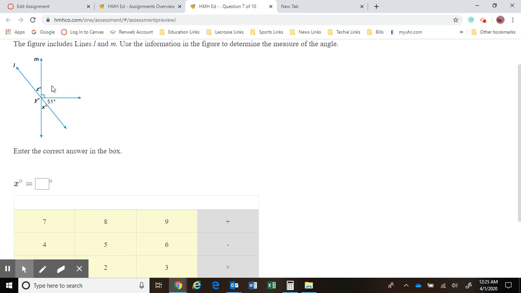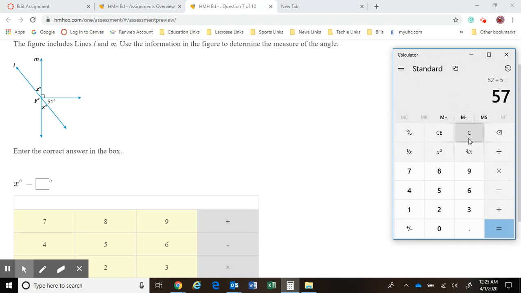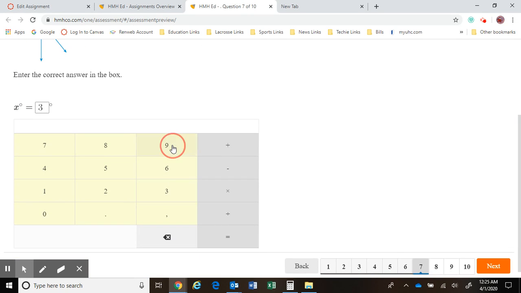I know this is 90 degrees because that little box tells me it's 90 degrees. And these two angles are complementary because of this and this straight line. So what do I do here? Well, I go 90 minus 51. That should give me 39.